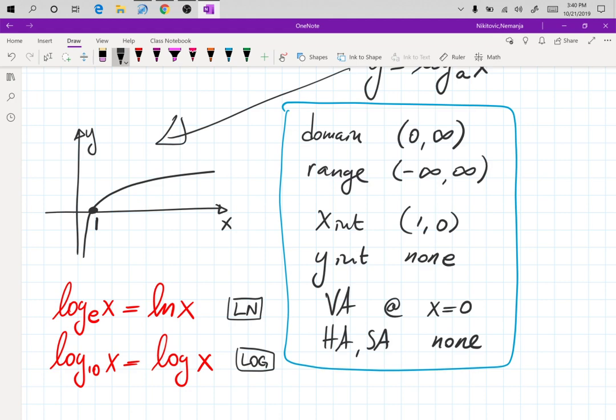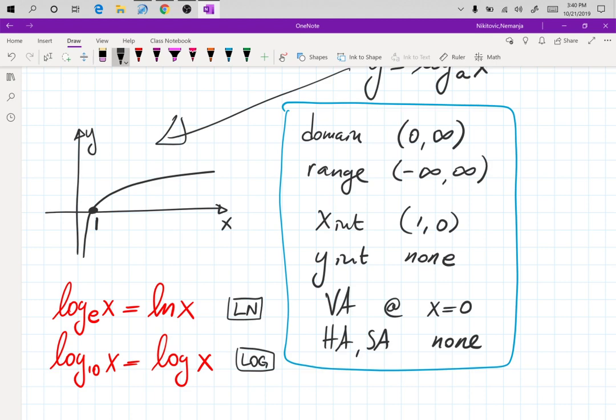Nice, large. There we go. So on the TI-83, 84, which are the standard calculators, you have your LOG and your LN buttons on the left. And again, LOG only calculates base 10, LN only calculates base e.